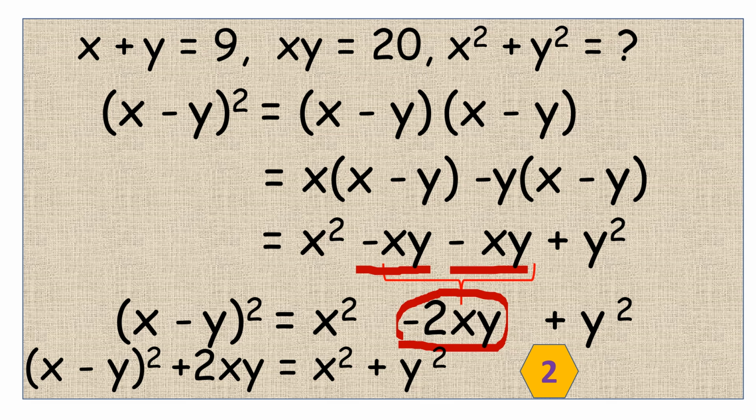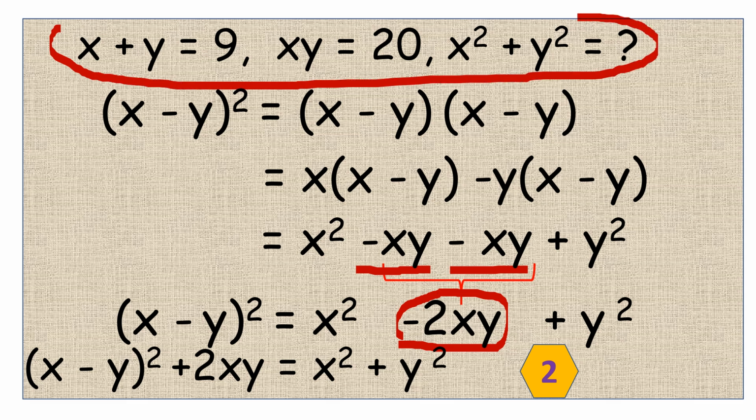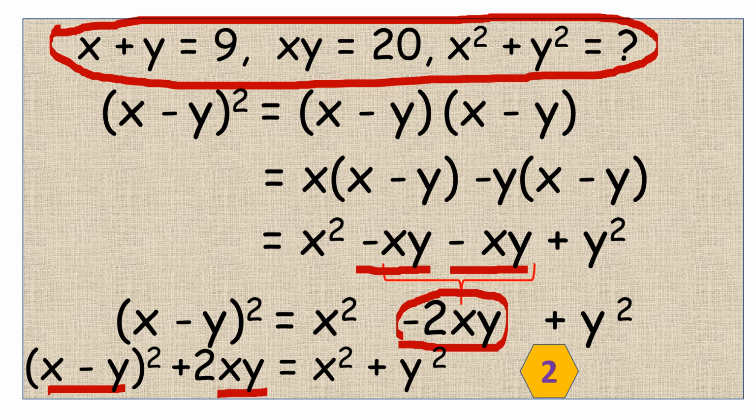But if you look at this at the top, the question is, do we have x minus y in the above question? The answer is no. Do we have xy in the above question? The answer is yes.